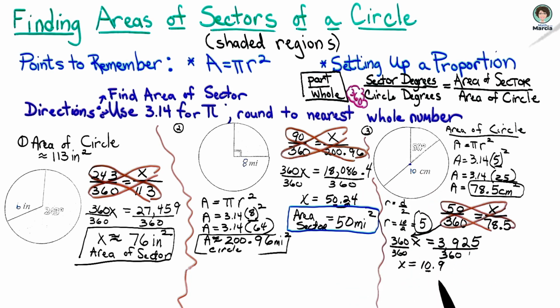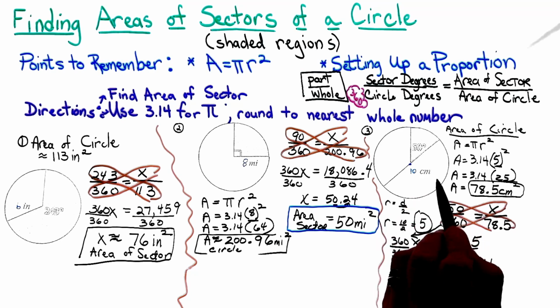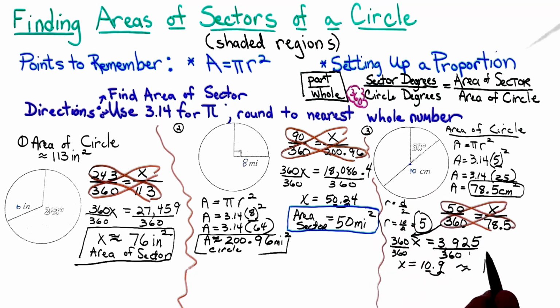So looking here and going one over, I'm going to round my x to 11. So the area of the sector is 11, and notice it's centimeters squared. There is the answer that they are looking for this problem.